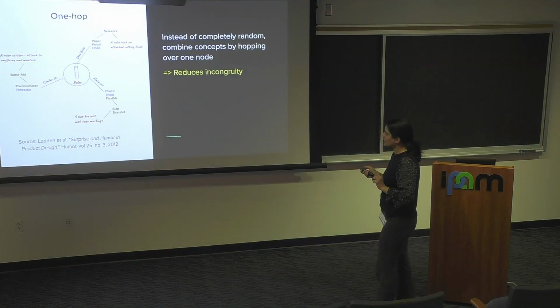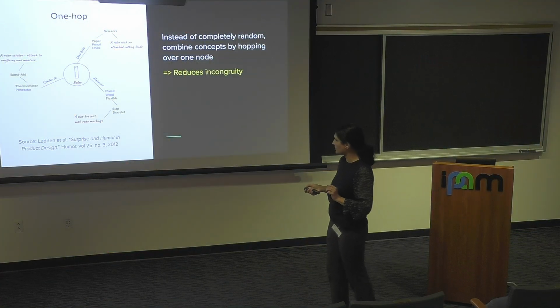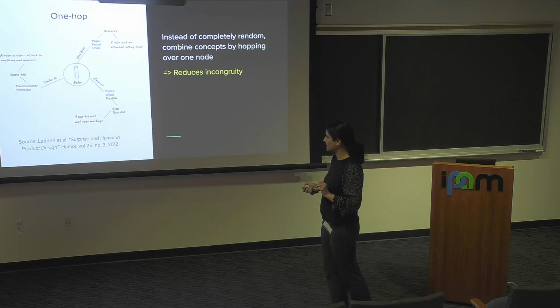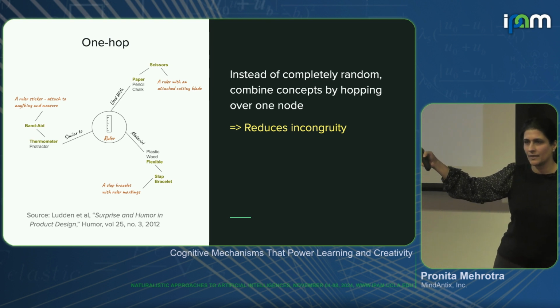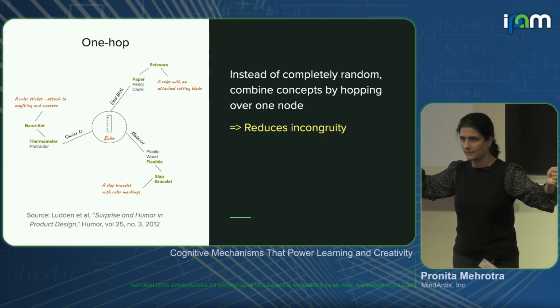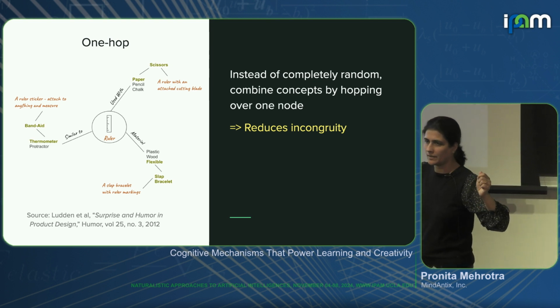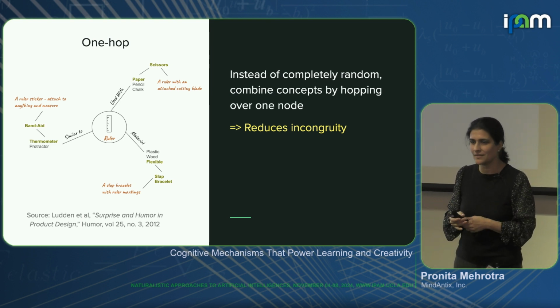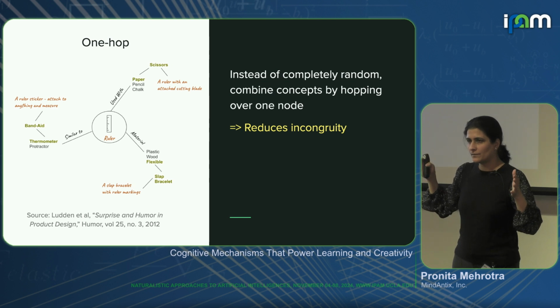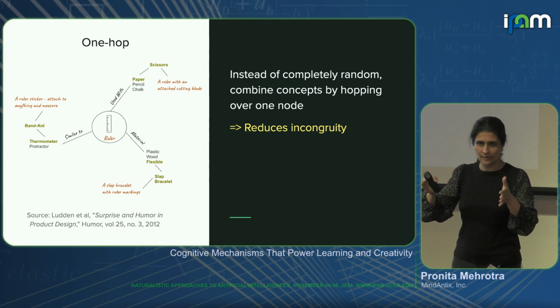So the one hop is inspired by a study that these guys did. What they found is when you combine something that's completely unrelated in product, you can come up with some things that are kind of bizarre and don't make sense. So what you can do is reduce the randomness.